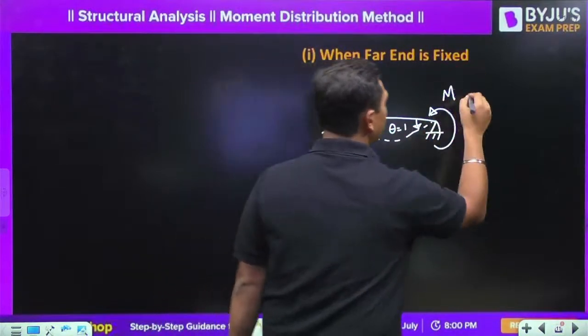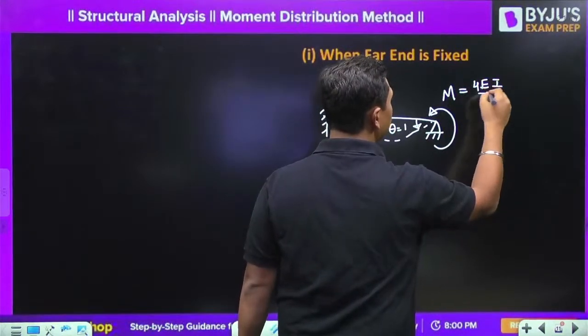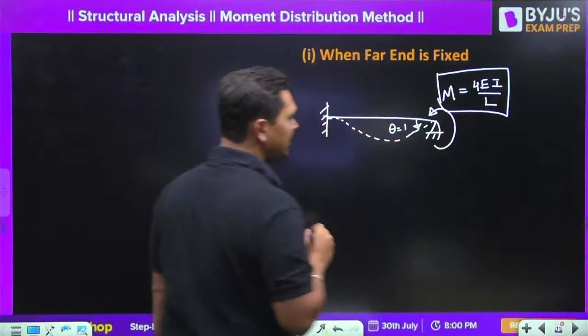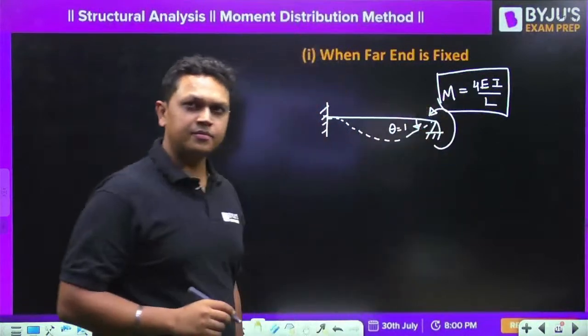This value, if calculated, becomes equal to 4EI by L. So in this case the stiffness factor is 4EI by L.